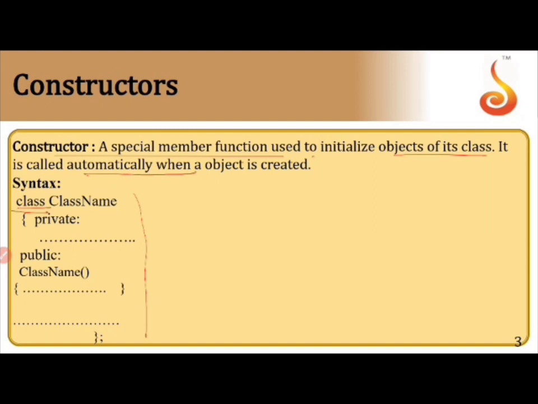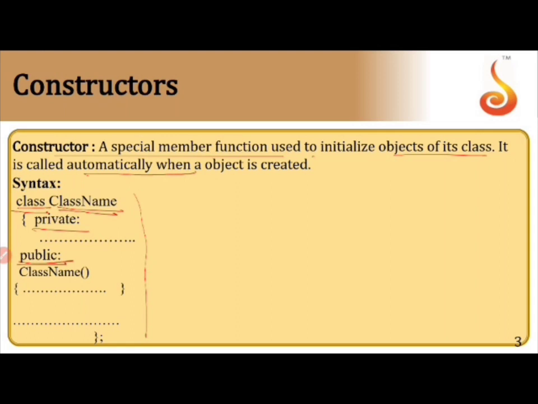Class is a keyword and class name is a user defined name, whatever name you give. And then you have a private section wherein you can declare variables and member functions also, and then in the public section, constructors should always be written in the public section of the class. Please make a note of this.